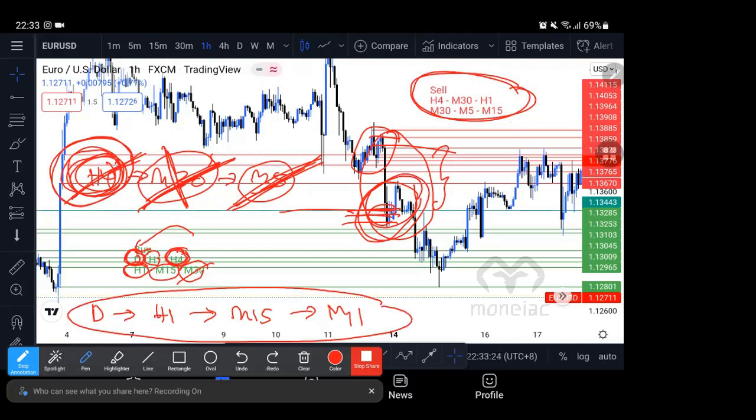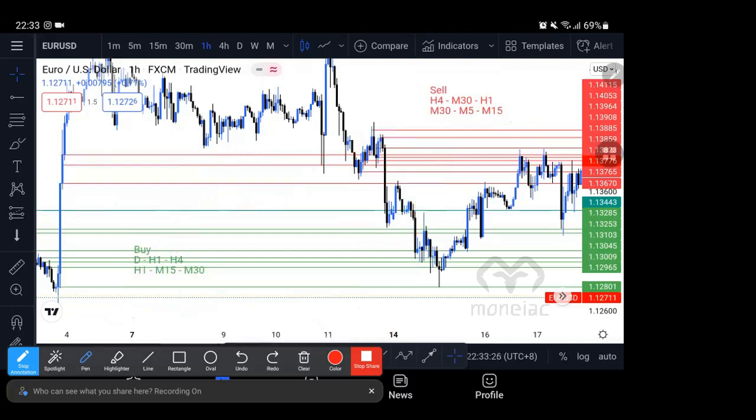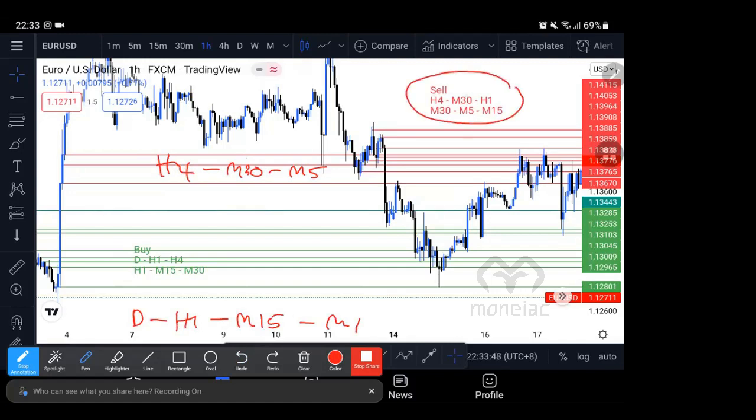We have the sell over here, which is H4, M30, and this is for the buy: daily, H1, M15, M1. For the sell setup, we need the bias to be broken on H1 and M15, right? So what is happening? We already have the clues.